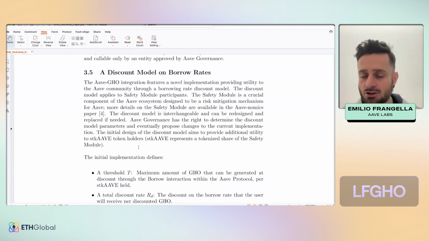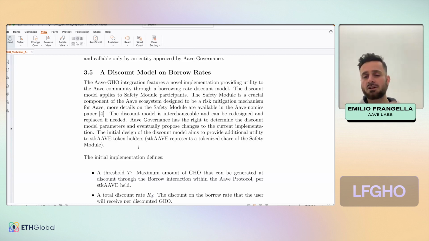So if there are large insolvencies because of market oscillation, which could leave bad debt, or because of a technical issue that might bring bad debt to the protocol, then the safety module can be used, with the assets that are provided being sold on the market and used to repay the bad debt. Until now the safety module has not been used, because the Aave protocol thankfully has not incurred any meaningful insolvency since its inception, but the mechanism is there.